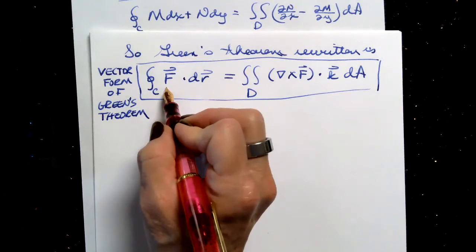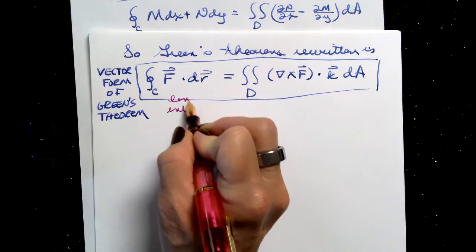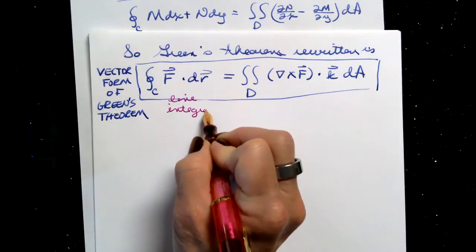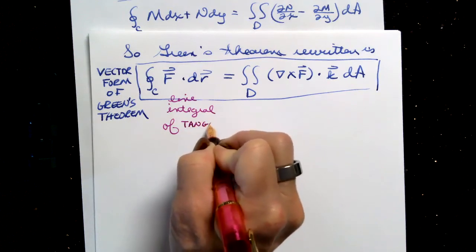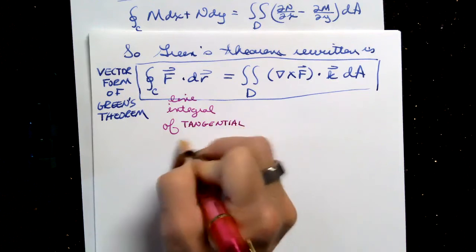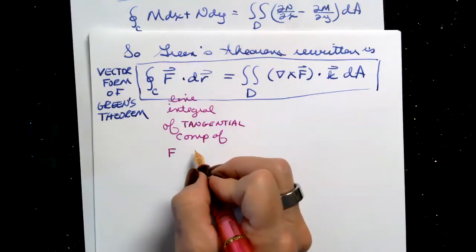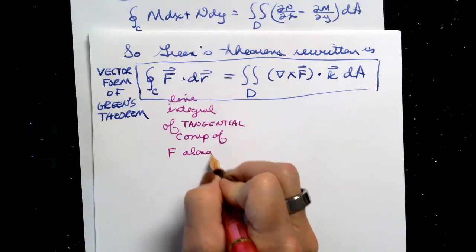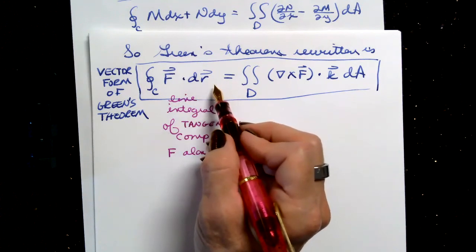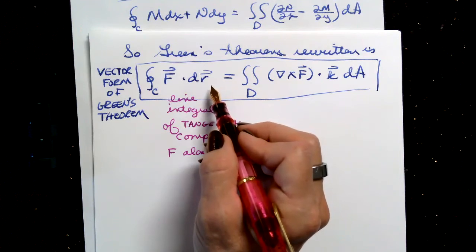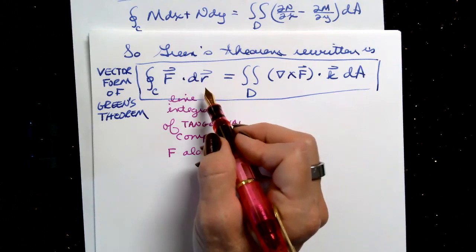Now, this is the line integral of the tangential component of F along the curve C. Why do I say the tangential component? Because dr means r prime of t dt, and r prime points in the direction of the tangent vector. Okay, r prime is the tangent vector to the curve r of t.